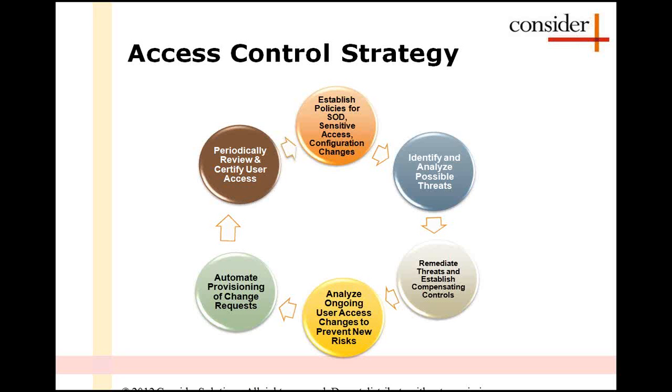If you go around from the 12 o'clock point here, obviously that's about establishing policies for SOD and sensitive access, identifying and analyzing possible threats to those SOD policies, remediating those, establishing compensating or mitigating controls where critical, and then analyzing ongoing user access changes to prevent new risks, automating those change requests, and reviewing that on a regular basis. So that's the circle for access control.